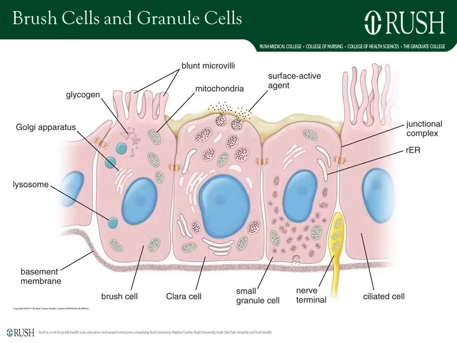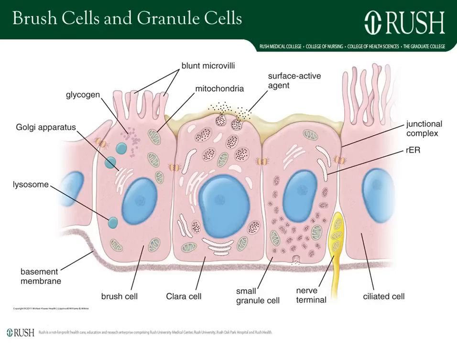So they're involved in local control through cholinergic signaling mechanisms. Next to that, you can see a special cell called a Clara cell, which we'll talk about a little bit later. And next to that is one of those granule cells.